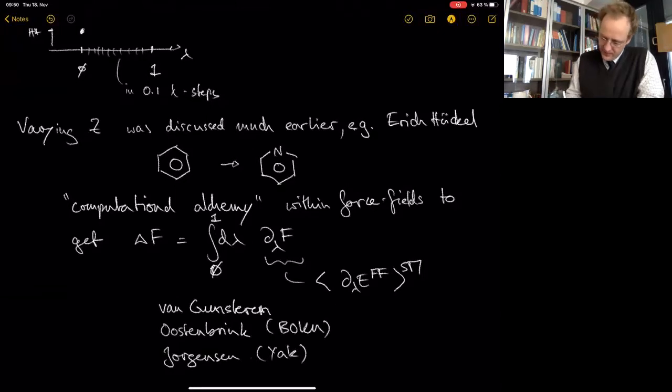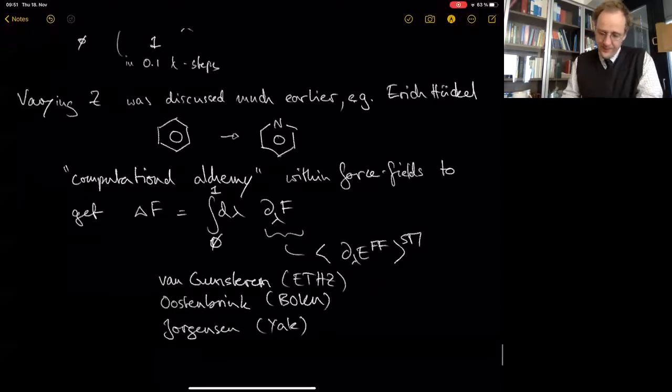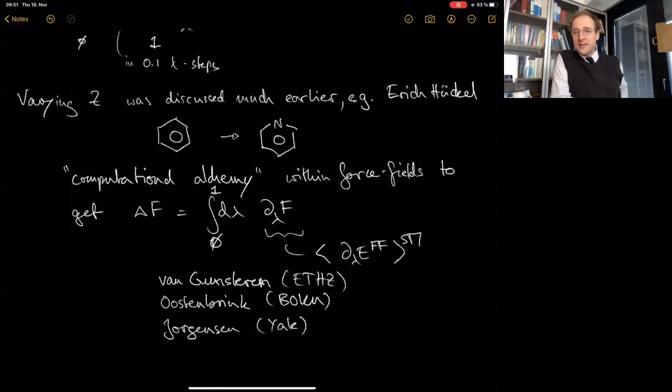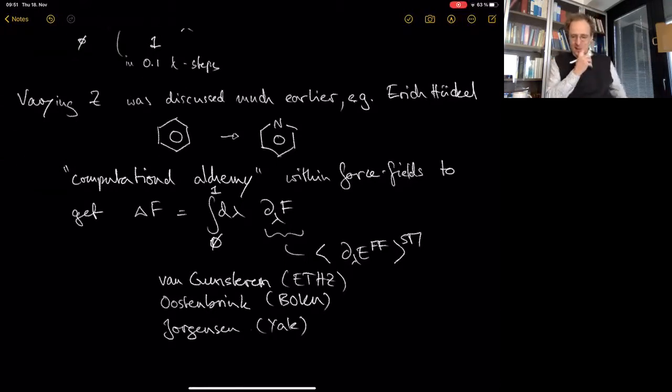Boku, ETH, and many others exploit this, for instance, to estimate changes in free energies of ligand binding. You can imagine how this can be useful for the computational design of new drug candidates. So there is a long tradition of this in computational chemistry as well.